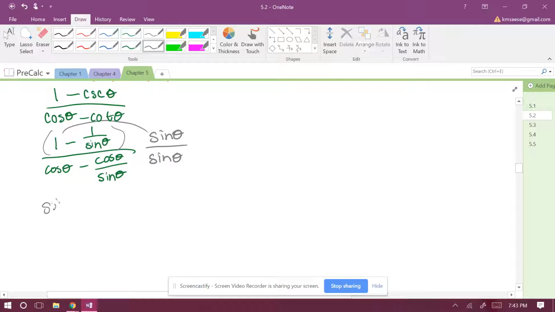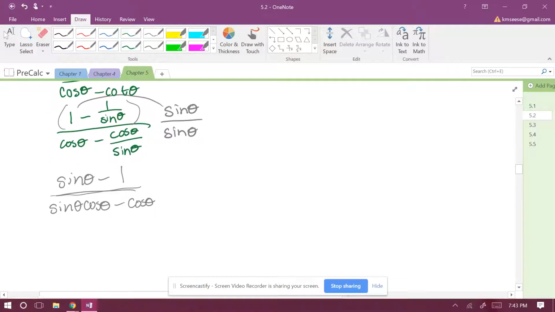I have sine of theta minus 1 over sine of theta cosine of theta minus cosine of theta, because of the sines. Now, take a look at that denominator. You may notice that it will factor.